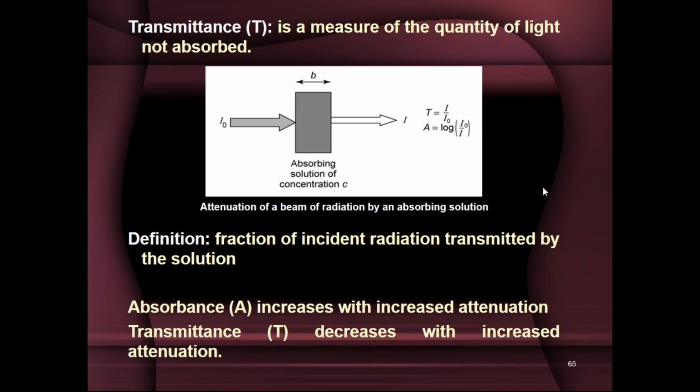If we were talking about scattering, then attenuation would refer to scattering. Here we are talking about absorption spectroscopy, so attenuation refers to absorption by the sample solution. So when more absorption takes place, absorbance A will increase. At the same time, transmittance T will decrease.